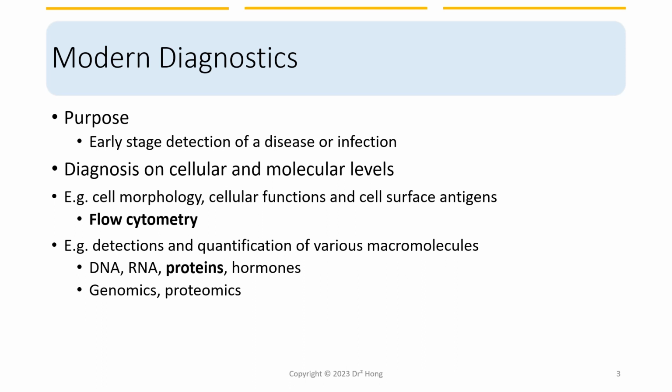The purpose of diagnosis is to detect a disease or an infection at its early stage. If we can catch it early enough, we may have a better chance of treating or curing that disease. Now, modern diagnostics can be divided into two big categories based on either cellular detection or molecular detection of disease biomarkers. For example, flow cytometry can detect different cell morphology and cell surface antigens.